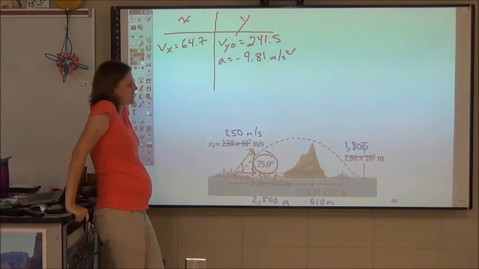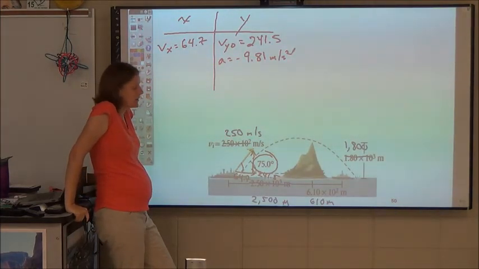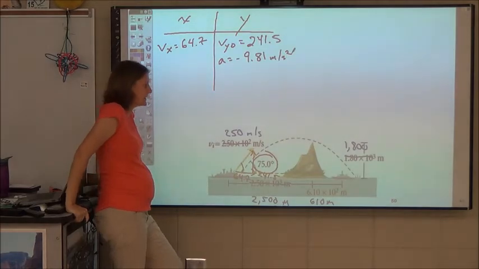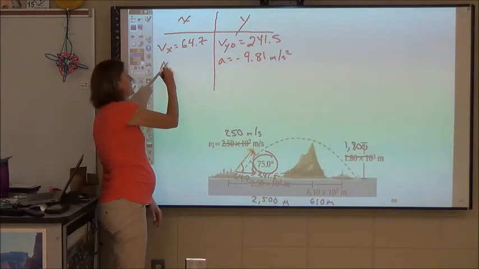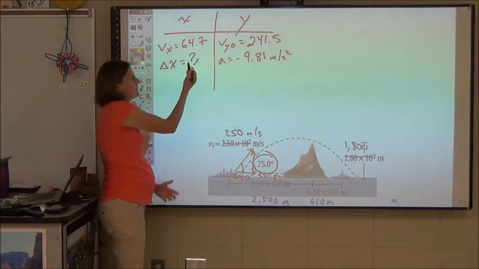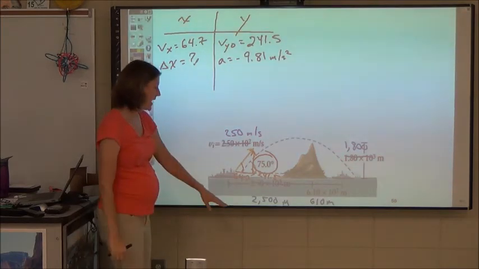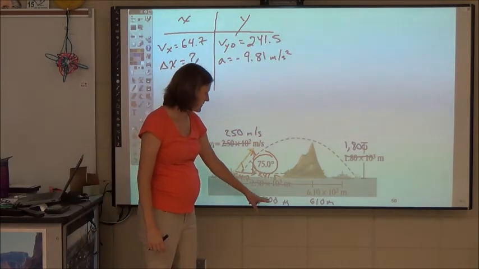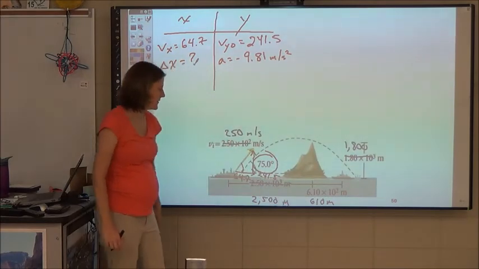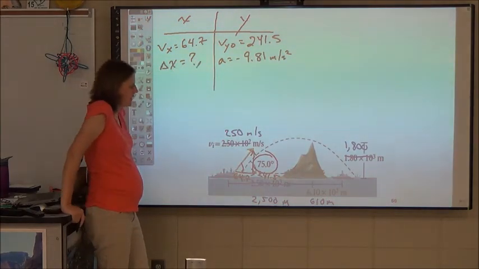Doesn't matter which one I do first. I'm going to go ahead and try to figure out how far from the ship this projectile hits. So if I want to find how far from the ship it hits, I need to know the horizontal displacement. And then I will compare to 2,500 plus 610, because that's how far away the ship is.